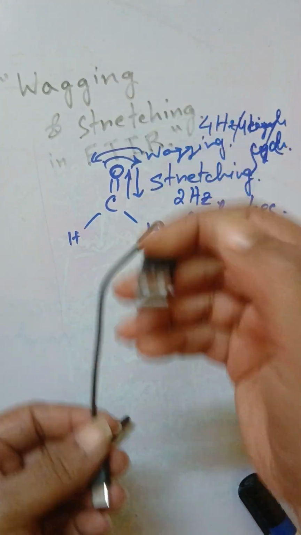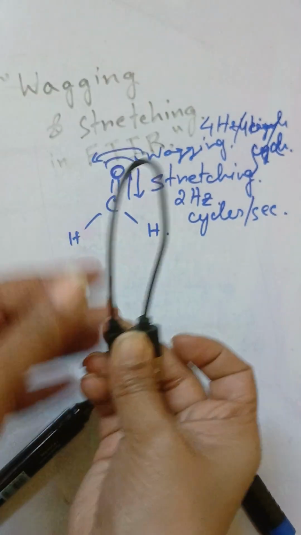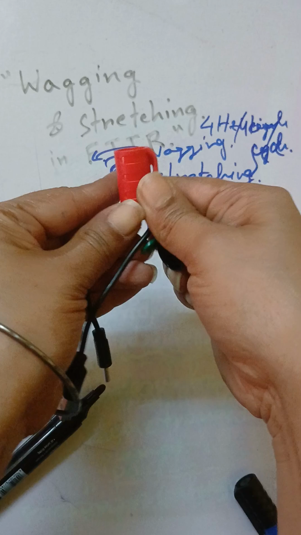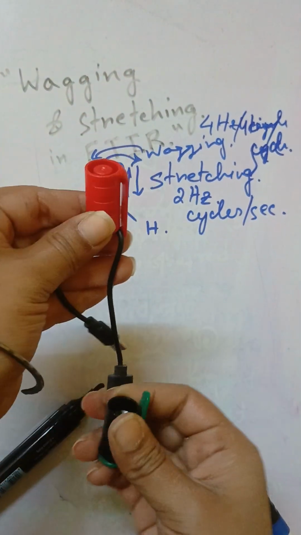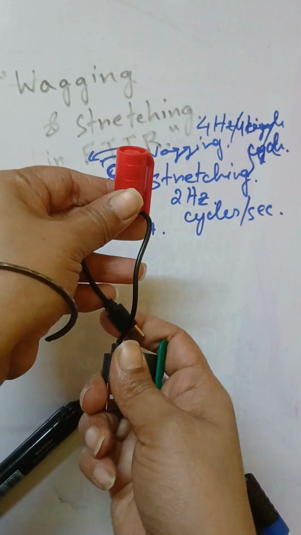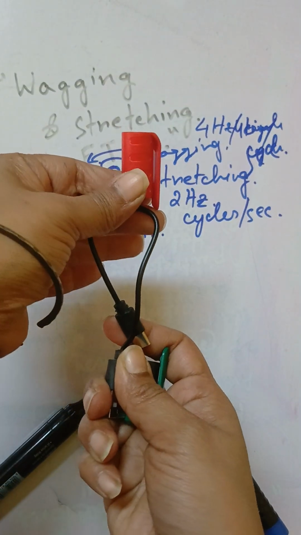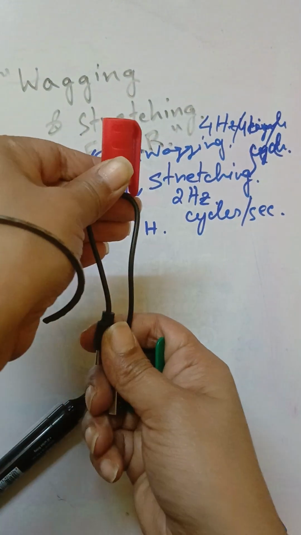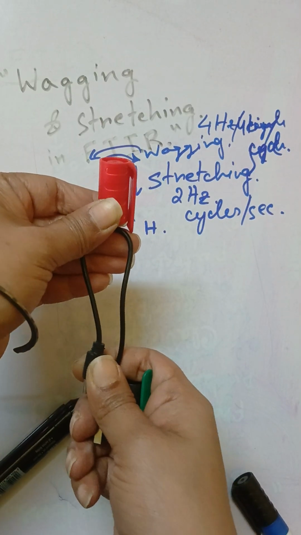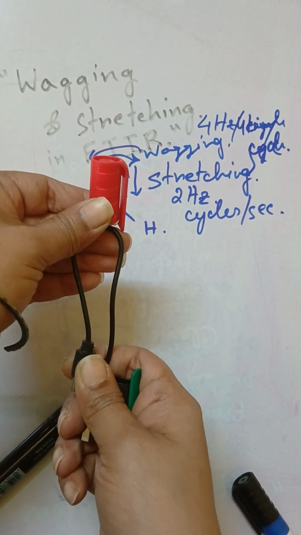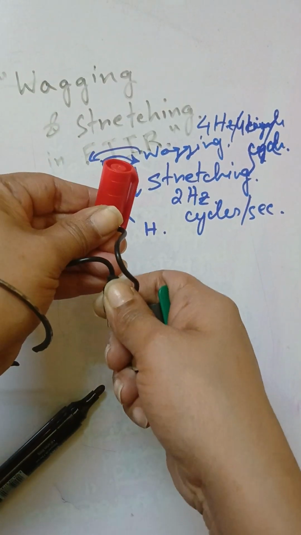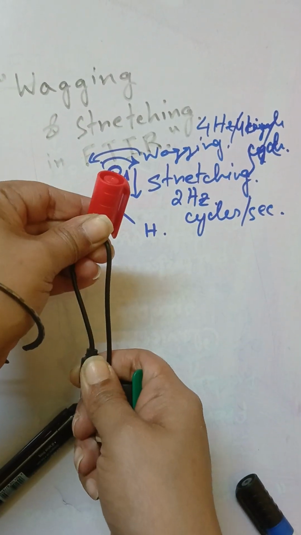Suppose this is a double bond, as I have already shown. This is oxygen and this one is carbon. If there is stretching, as I have already told, 2 hertz means 2 cycles per second. So there will be stretching 2 times per second: 1, 2. This is 2 hertz.